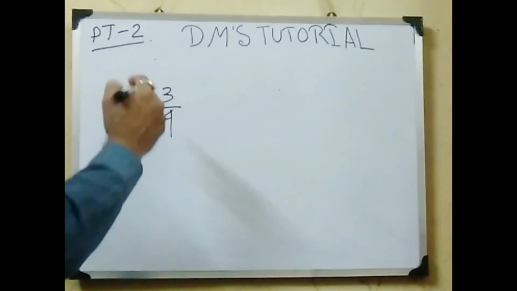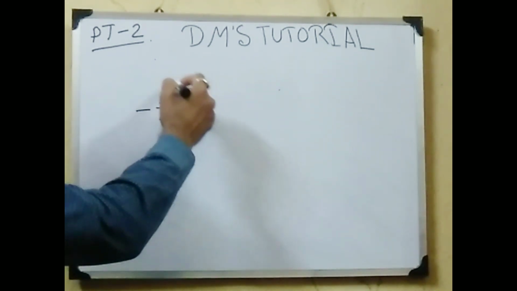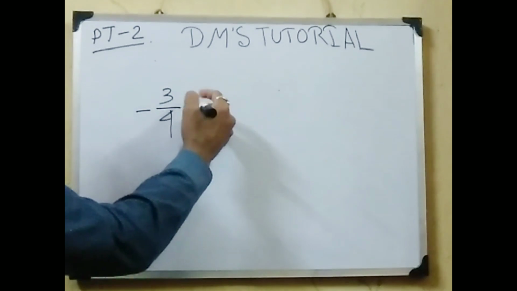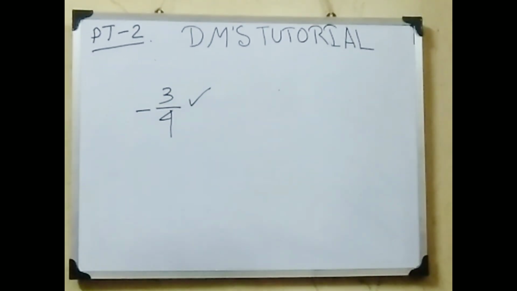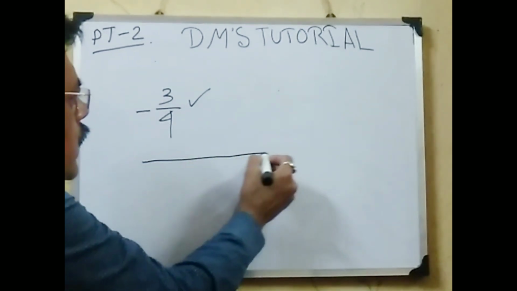We have to place this rational number on the number line. What's the method? See, 3 by 4 is a fraction which is less than 1. This is a proper fraction. So I will draw a number line here.